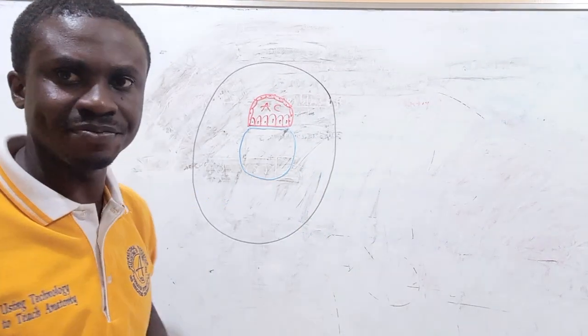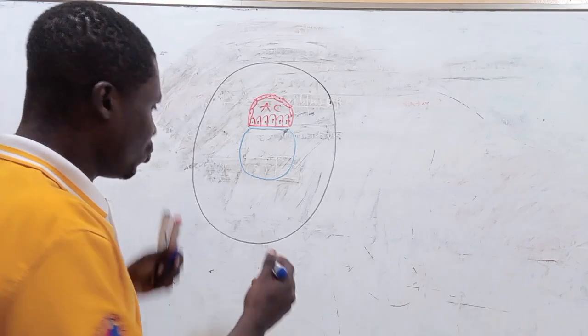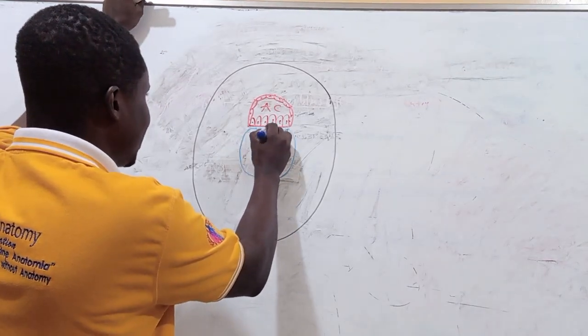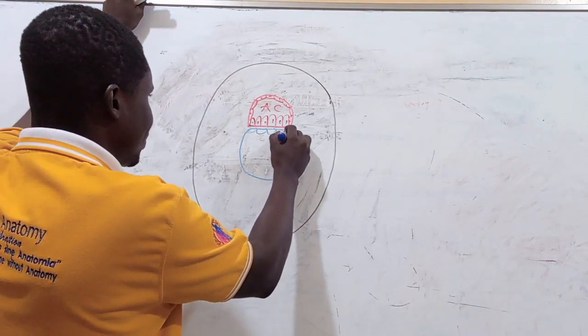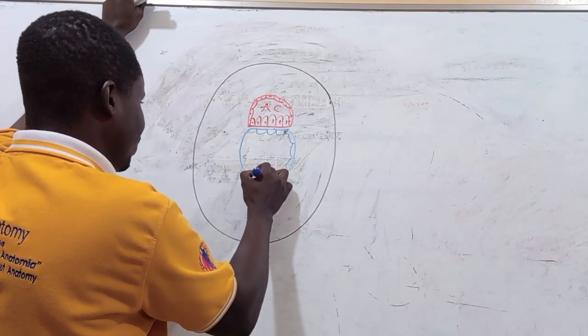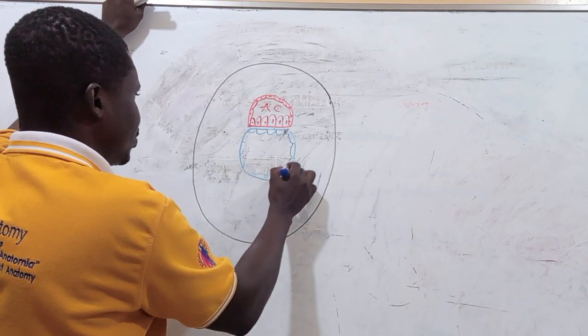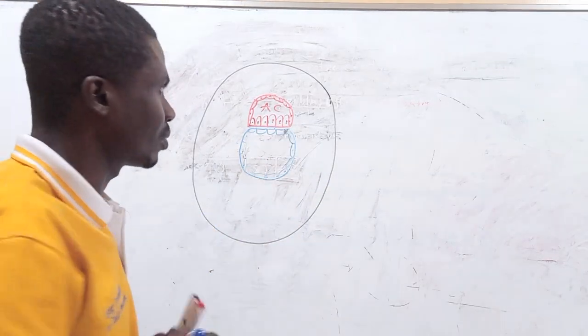And what else have we seen? We've also seen that we will have some cuboidal shaped cells, and then Heuser's membrane.